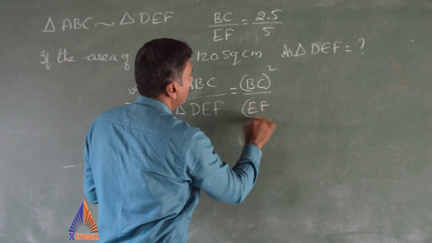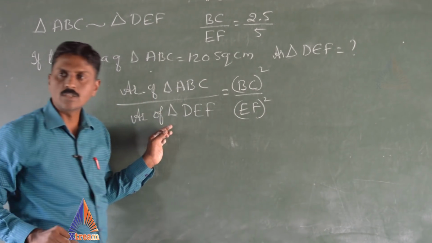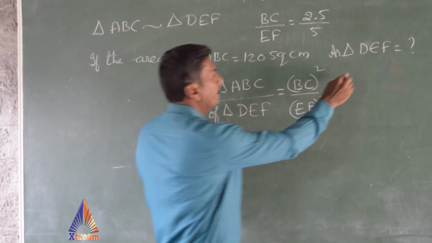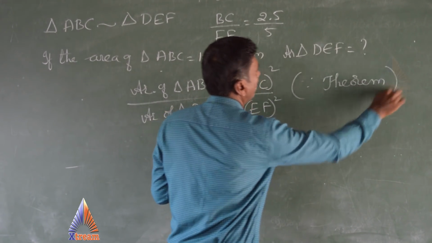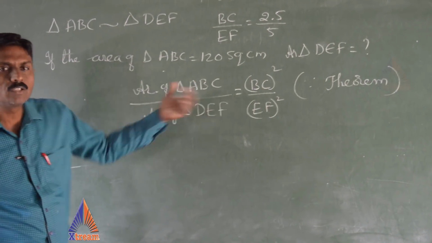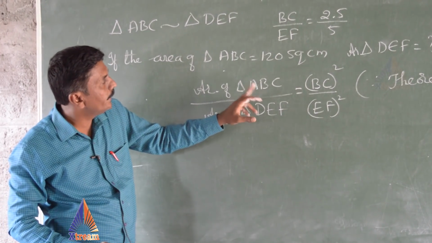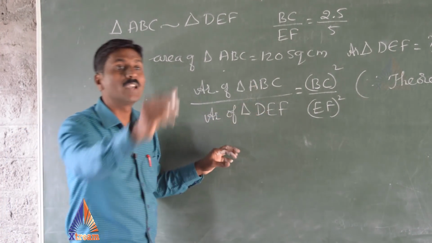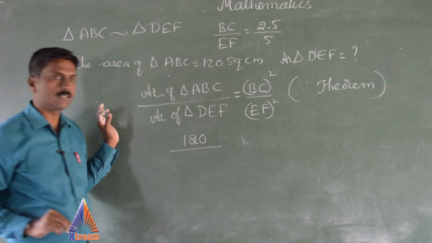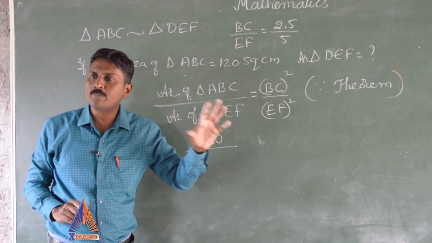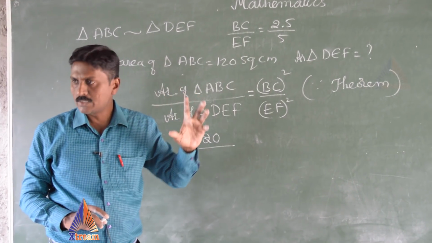BC square by EF square. Just a theorem. Now let's substitute the values. You are given the area of ABC. What is the area of ABC? 120 square centimeters. Remember, area should always be expressed in square units.